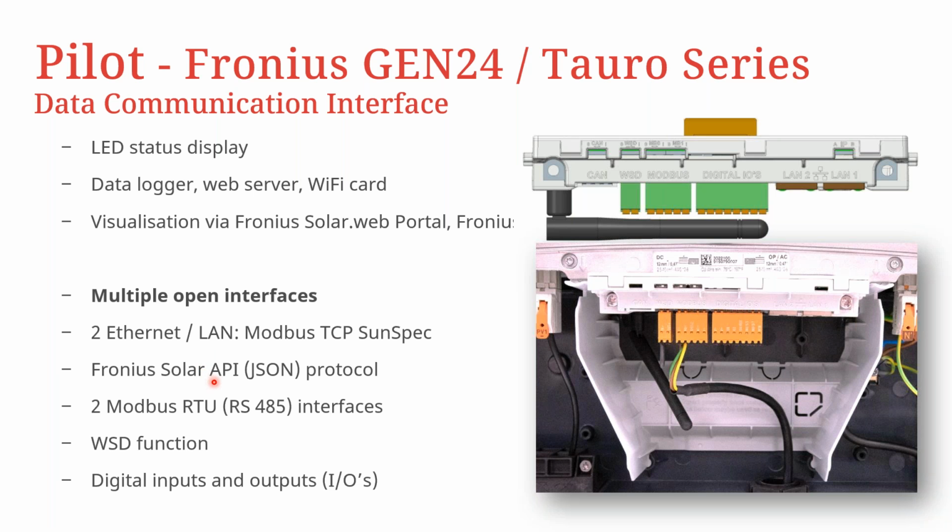We can also achieve Fronius Solar API communication using the JSON protocol. It has two Modbus RTU ports. It also includes the WSD function, which is the wired shutdown function. This is discussed in detail in other webinars. And then we have digital input and output ports.